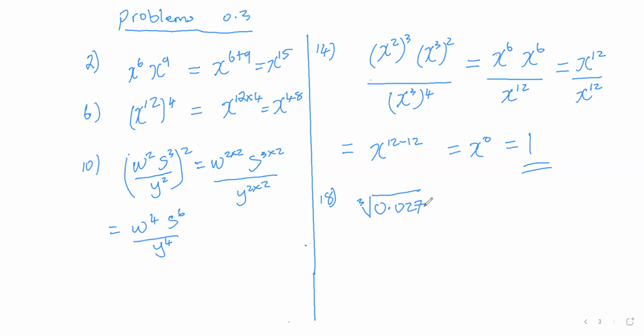So if we move it 1 place, 2 places, 3 places to the right, what we have in the radicand becomes 27 over 1,000. All right, because the 3 places represent the 3 zeros, 10 to the power 3. 1, 2, 3. Okay, so it gives me 27 over 1,000.